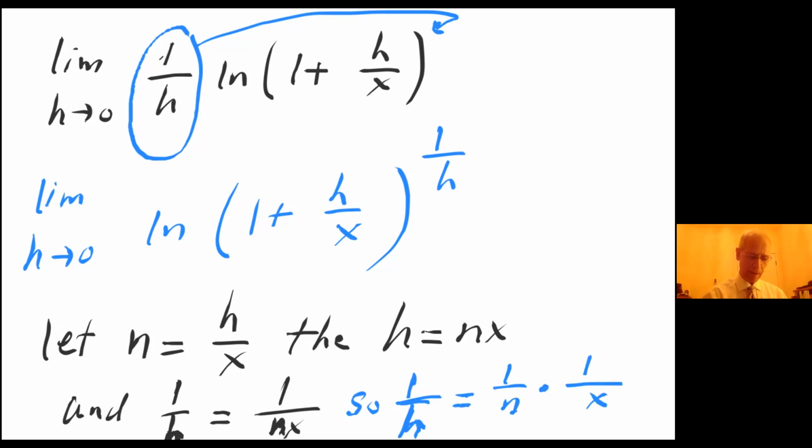So notice that as h goes to 0, n is going to 0. We know that as h is tending to 0, n is tending to 0.